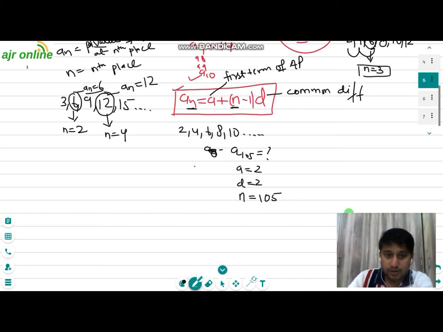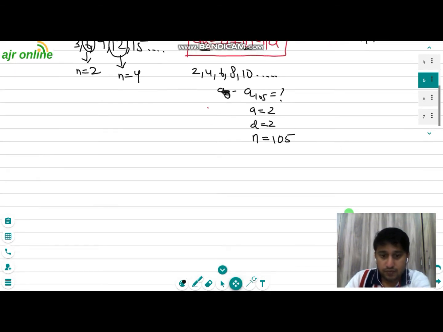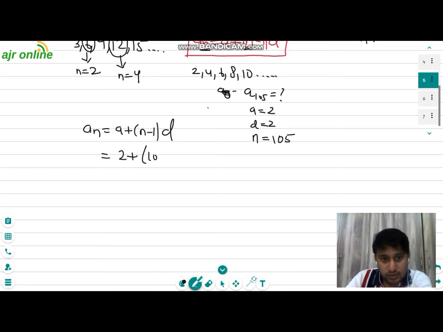Now this formula will work. Let's see how. We know that an equals a plus (n minus 1) d. So a is 2, n is 105, so 105 minus 1, into d, and d is again 2. It will be 2 plus 104 into 2.